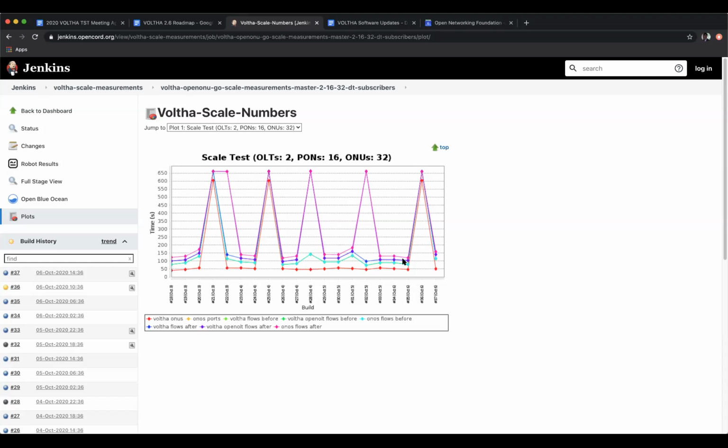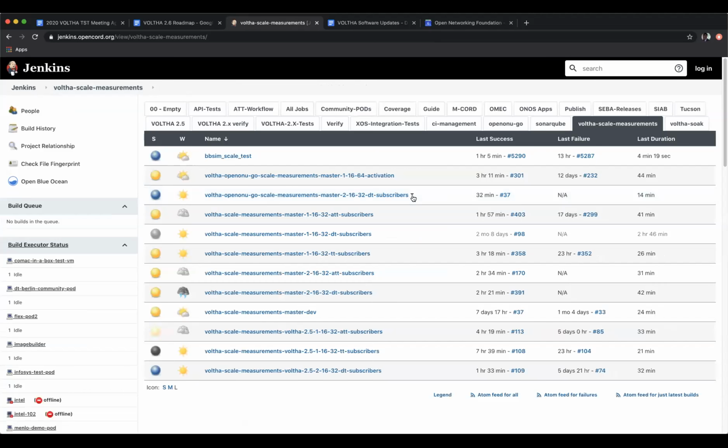Do you know the numbers offhand for when it was run with the Python version, multiple instances? For just 1, we don't have them because we cannot reach 2 OLTs with 500 ONUs each. For DT, yes, Andrea, we have it, but not with 1 adapter. We have it with 8. With 8 adapters, it takes about 190 seconds.